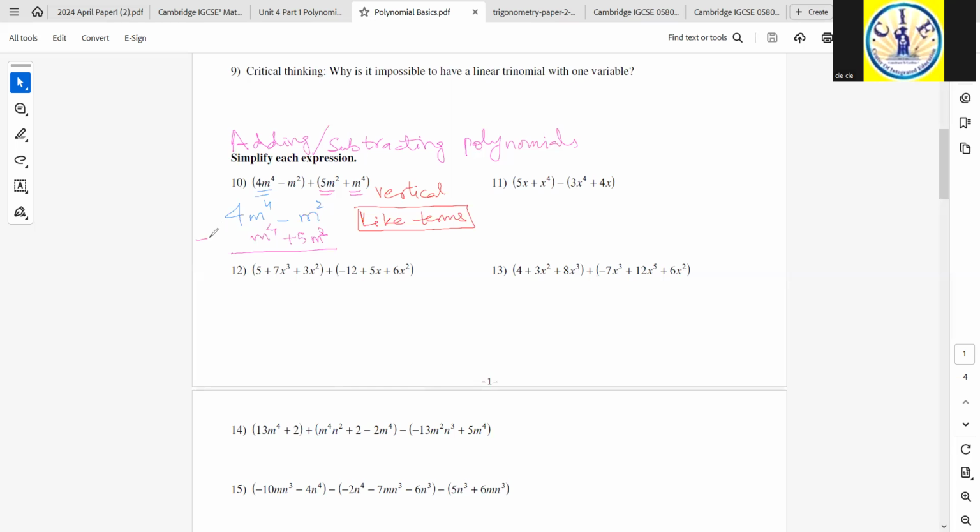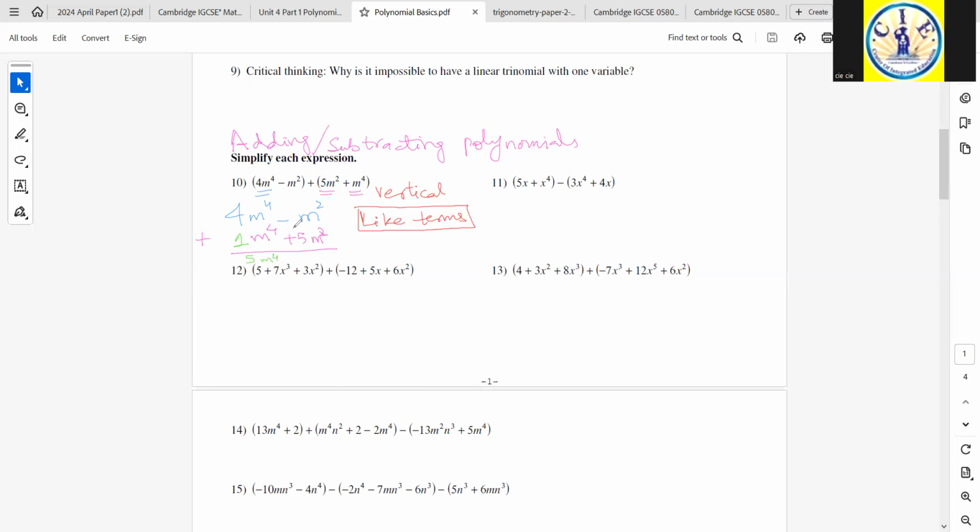Since we need to add them, now the like terms have been written one under the other. Its coefficient is 1. So 4m raised to the power 4 plus 1m raised to the power 4 gave us 5m raised to the power 4.